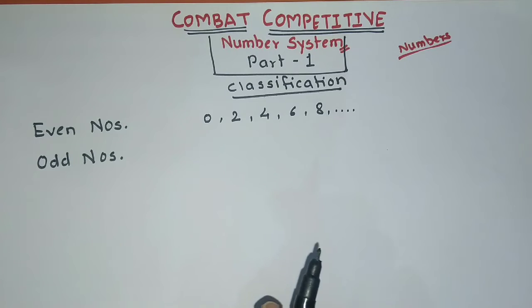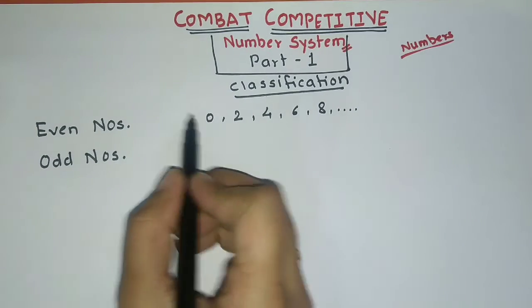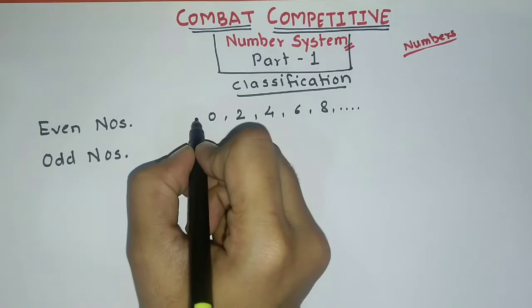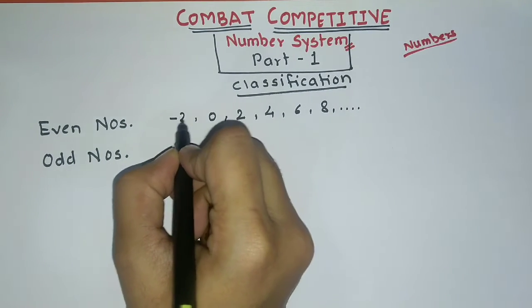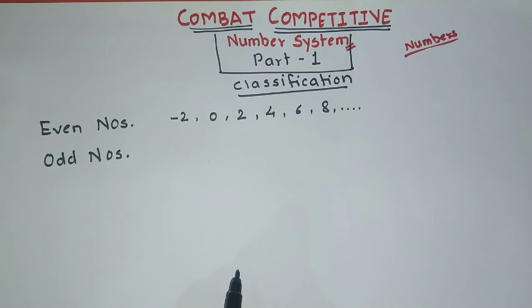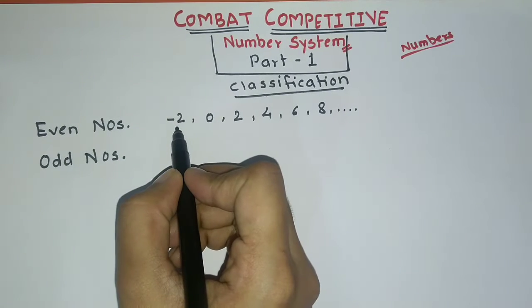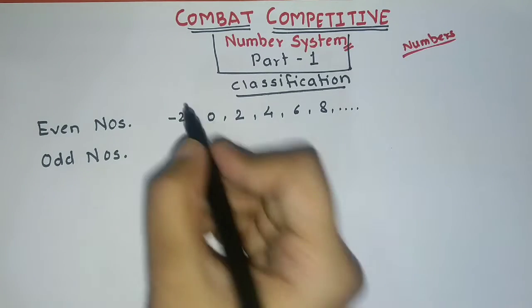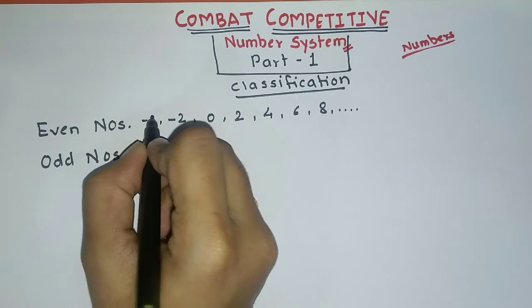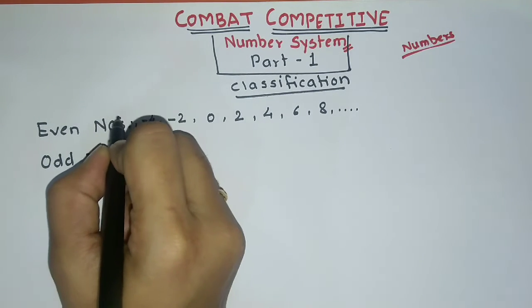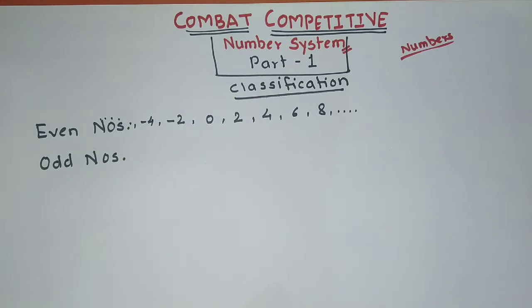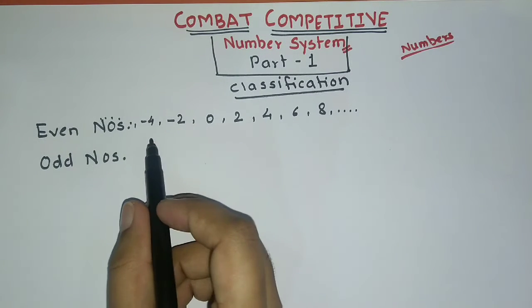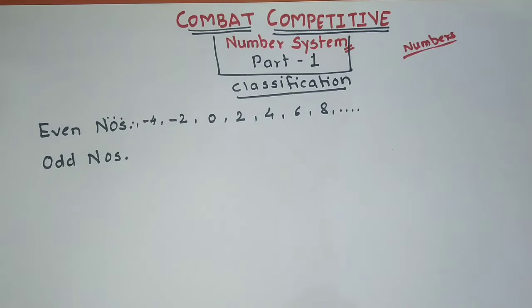Now, if we see this to the negative side, that is -2. Is -2 an even number? Yes. -2 is also an even number irrespective of its sign. -4 and so on. Now, the numbers which are not present over here are nothing but our odd numbers.